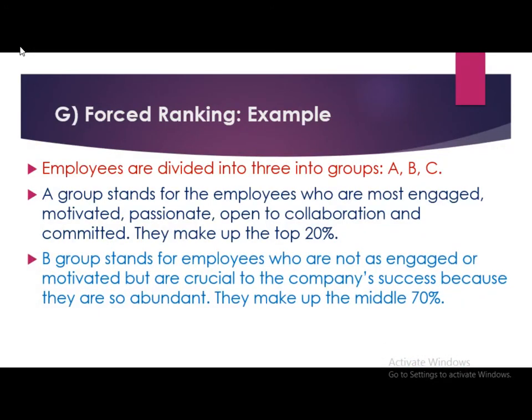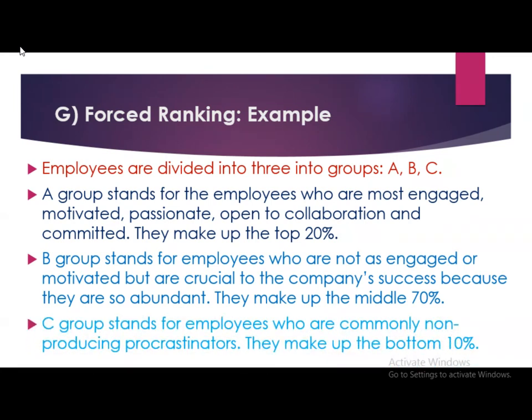B group stands for the employees who are not engaged or not motivated but crucial to the organization's success because they are so abundant. Mark them into the middle category, that is 70% category. And last, group C stands for employees who are commonly non-producing practitioners. Mark them into the below 10% category.